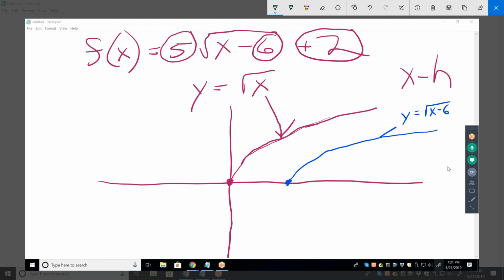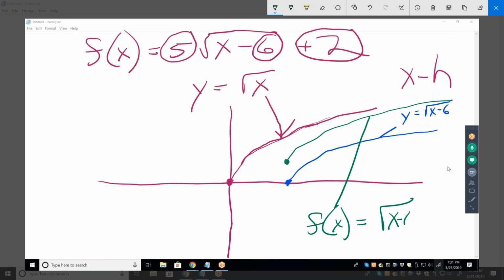The minus 6 didn't change the shape. The plus 2 isn't going to change the shape. I'm just going to take my one known point, move it up 2, and try to draw the shape exactly the same. Okay? So that green is f of x equals root x minus 6 plus 2.